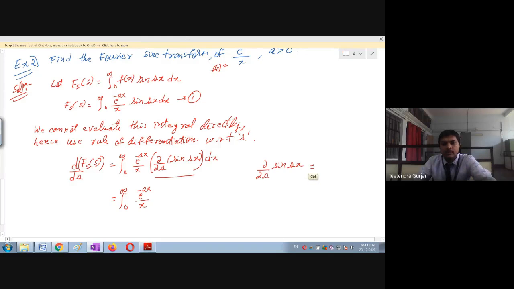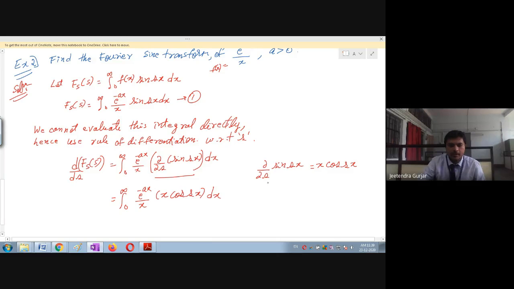So you are going to get the differentiation of sine sx as cos sx. So you can see x, I don't want this divided by x, therefore I'm going to use this method or rule of differentiation. So this will be x cos sx dx.